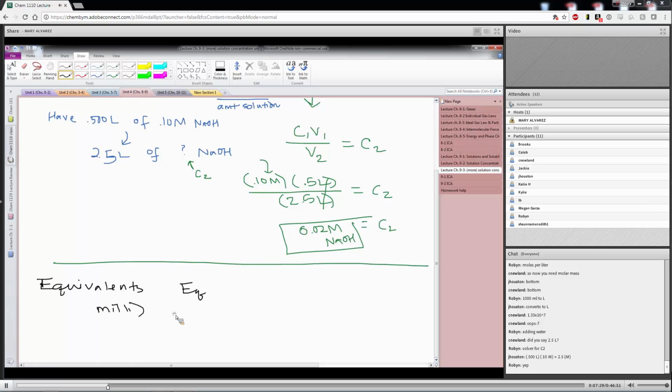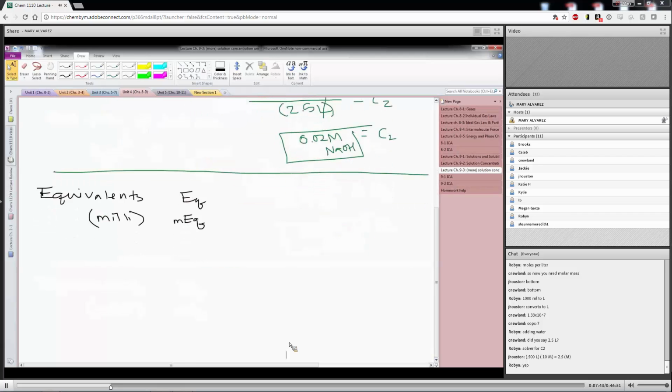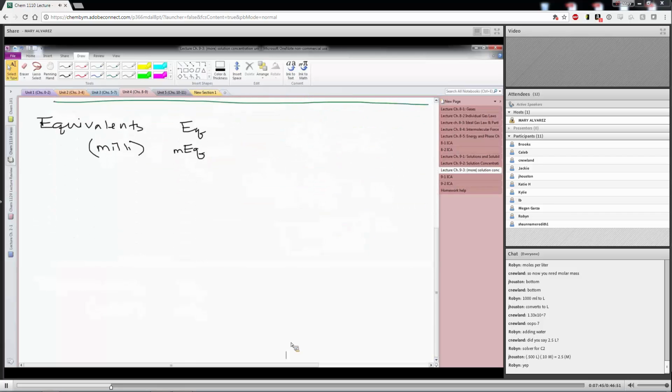So that would be a little m for milli, EQ. You guys know what the conversion between 1 equivalent and a milliequivalent would be because that's a metric unit. When would we use equivalents? Anybody ever seen equivalents reported?